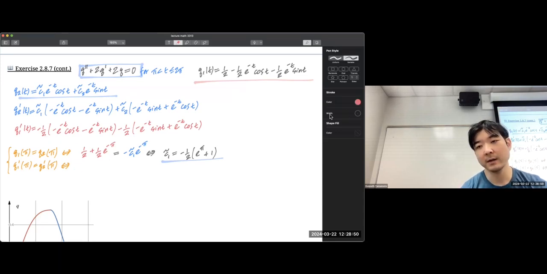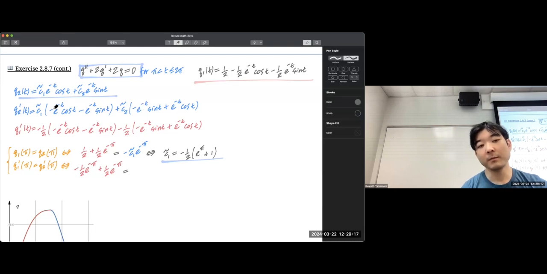Negative half e to the negative pi. That's this. And then on this one, the sine goes away. Cosine of pi is -1. There's a negative here, so that's positive half e to the negative pi.